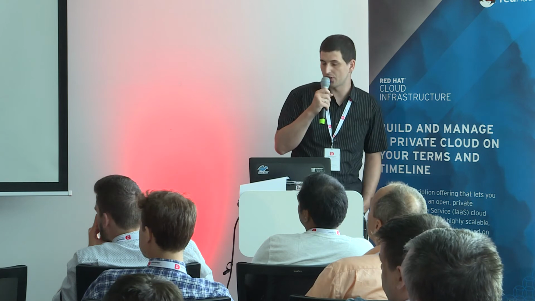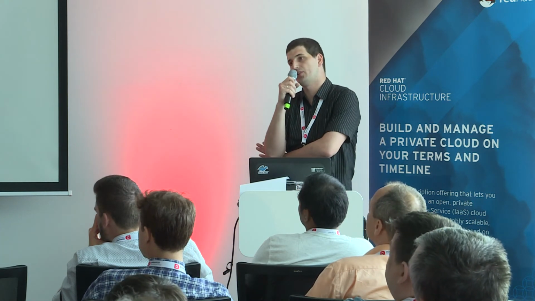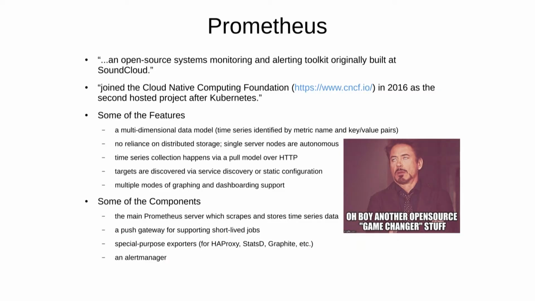Some of the features of Prometheus, which I think are really important: Prometheus is basically a time series database. And the main feature, which I think is really beneficial in a cloud environment, is that it is capable of automatically detecting the target hosts that you want to monitor.